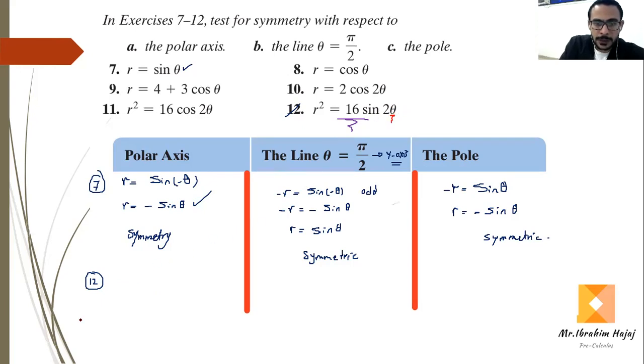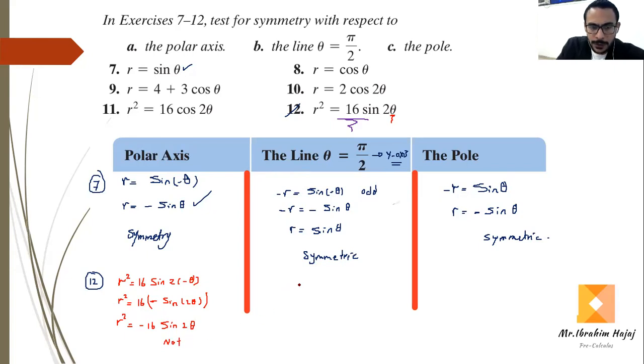So r squared equals 16 sine 2 times negative theta, which is r squared equals 16 negative sine 2 theta, because sine is an odd function, so the negative comes out of the angle. So r squared equals negative 16 sine 2 theta, which is not symmetric with respect to the polar axis.